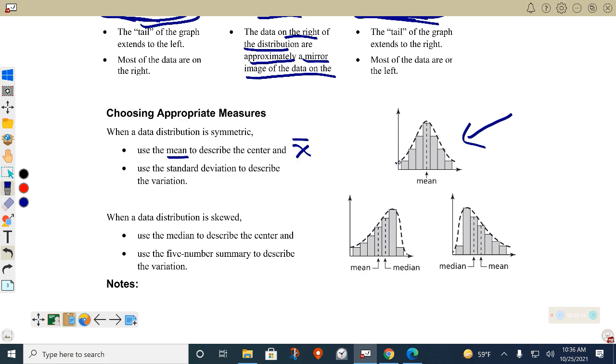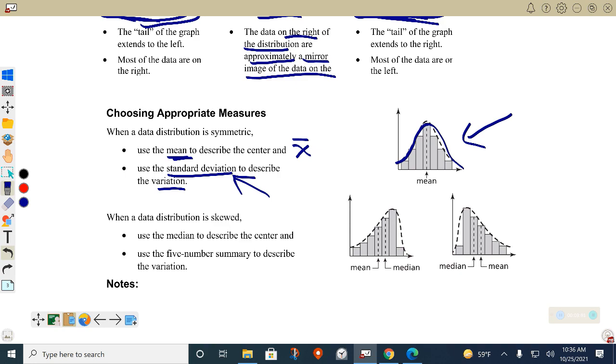If the data is symmetric, we use the mean to describe the center and the standard deviation to describe the variation. Remember, when I say variation, that means how spread out the data is. How does the data differ from each other? How do the values differ from each other within the data? That's what variation is. And we already took our quiz last week on standard deviation.